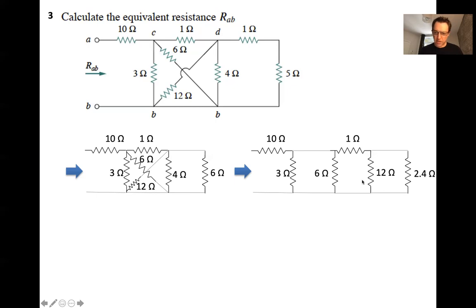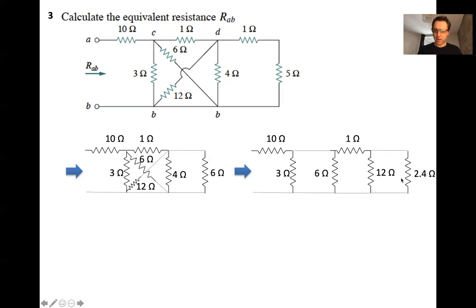So again, we can redraw the 12 ohm resistor in a vertical manner, just by making sure that its top node is connected to the back end of the 1 ohm resistor, and that its bottom node is connected to the bottom of the circuit, what's going to be known as the ground. And so now that we have it redrawn in this form, it becomes more straightforward.